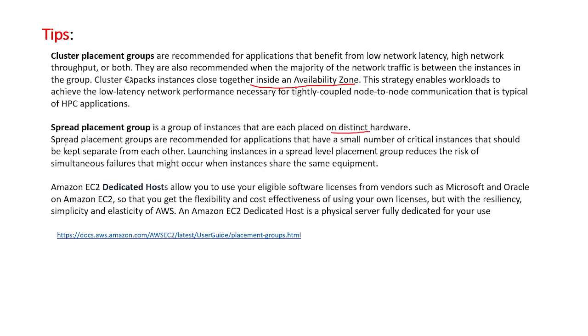Spread placement groups are recommended for applications that have a small number of critical instances that should be kept separate from each other. Launching each instance in a spread placement group reduces the risk of simultaneous failure that might occur when instances share the same hardware. Okay, this looks perfect.